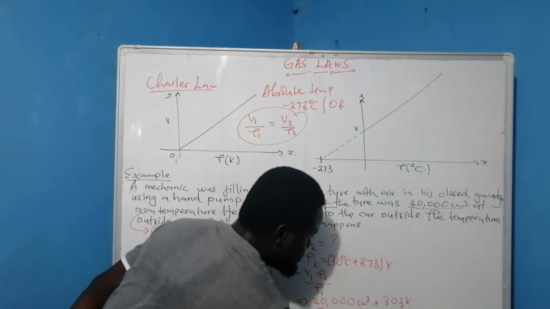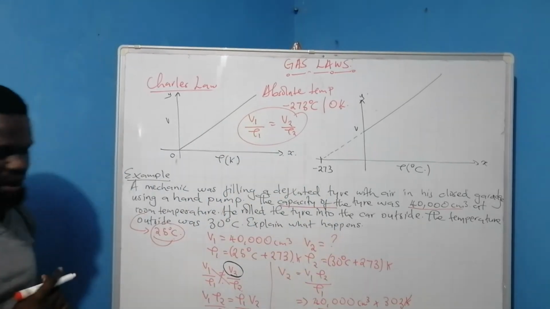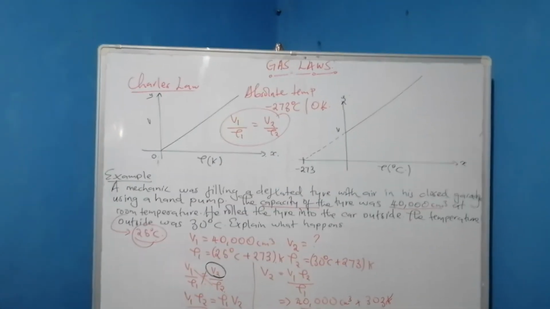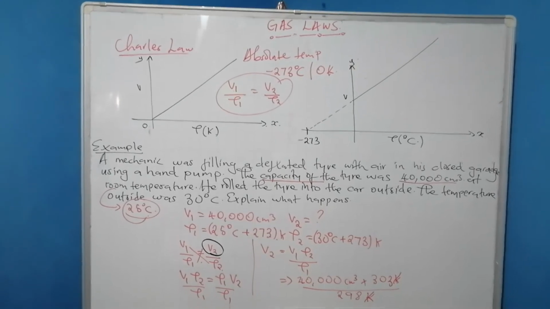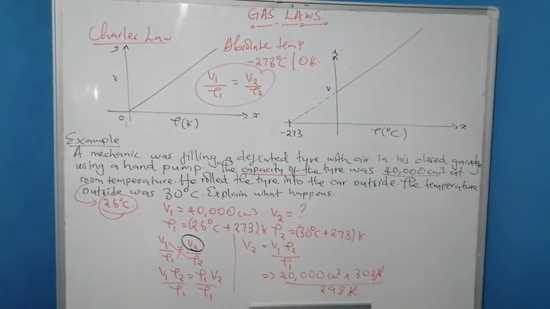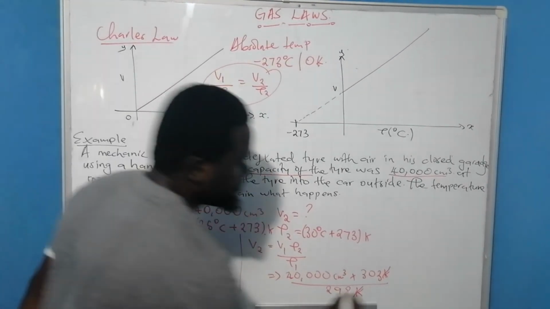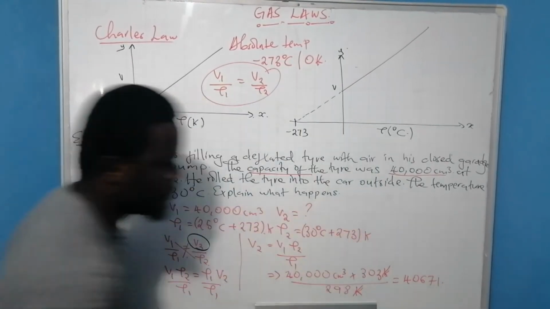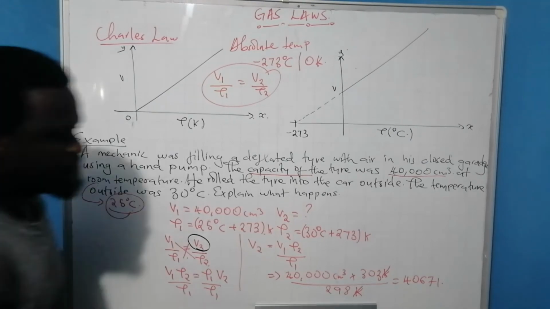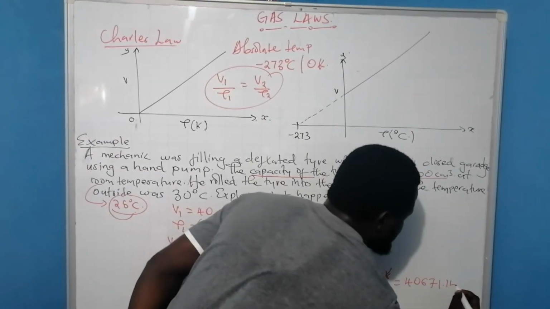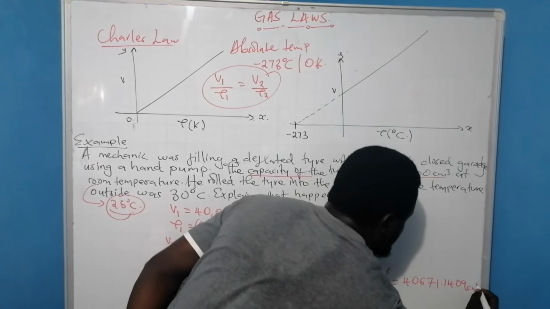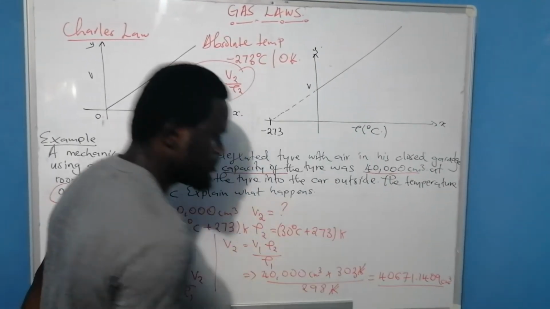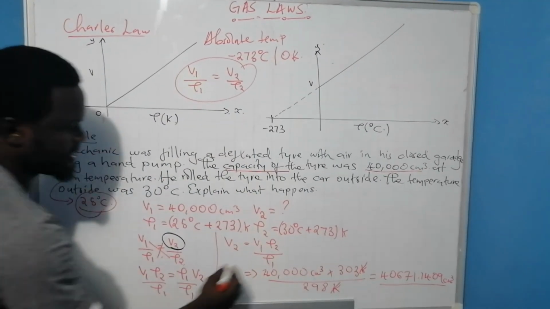So the Kelvin will go with the Kelvin. When I punch that in my calculator, what will I have? 40,671.1409 cubic centimeters.